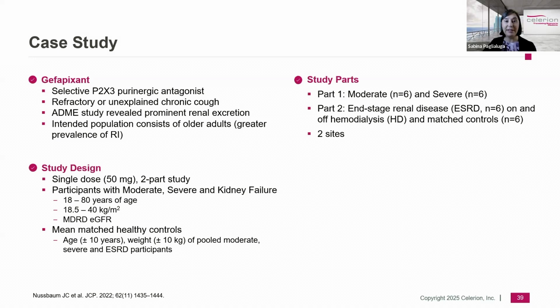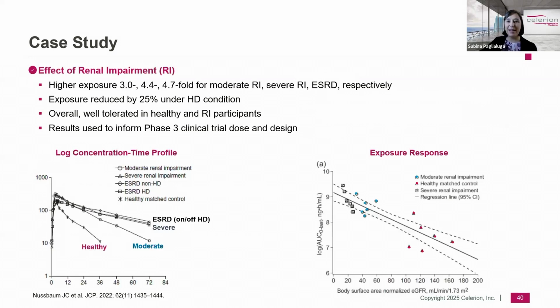And in this 2-part study, part 1 enrolled the moderates and then the severes. And then in part 2, we had the end-stage renal disease patients, both on and off dialysis, with the mean matched controls for all 3 cohorts of kidney dysfunction. And 2 sites were used.